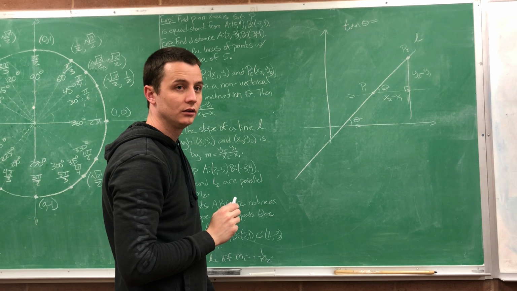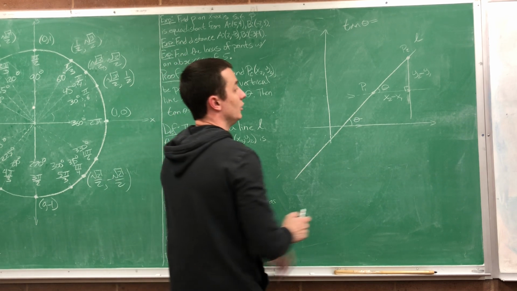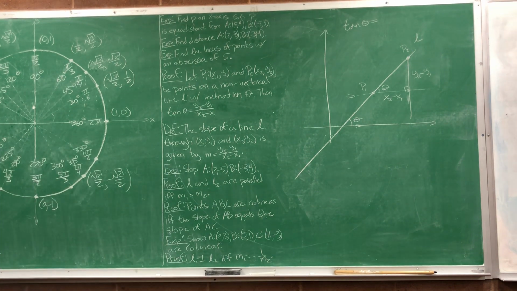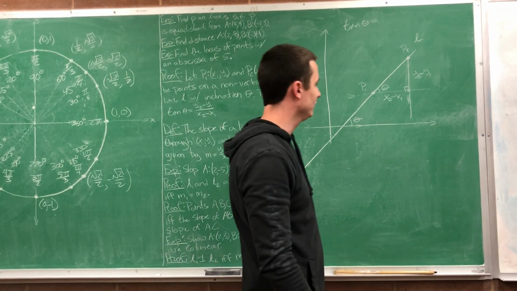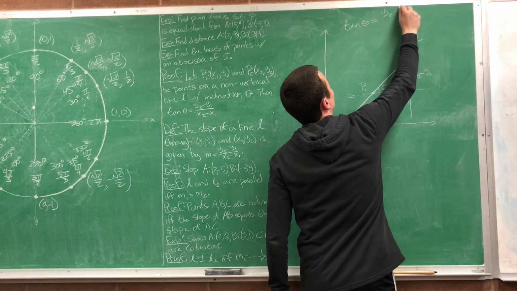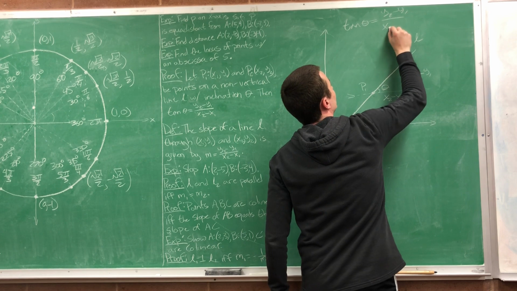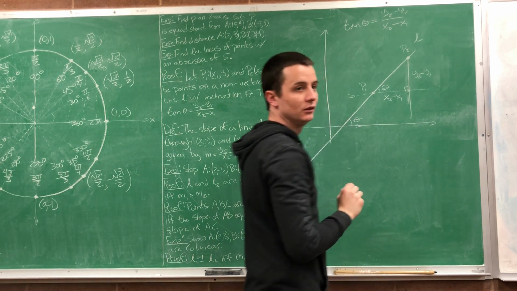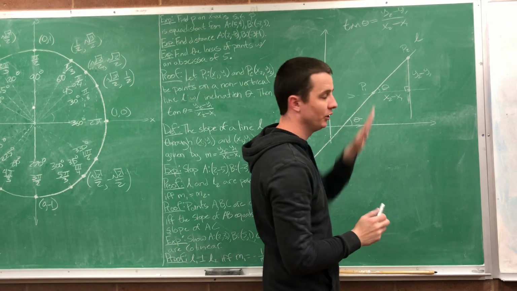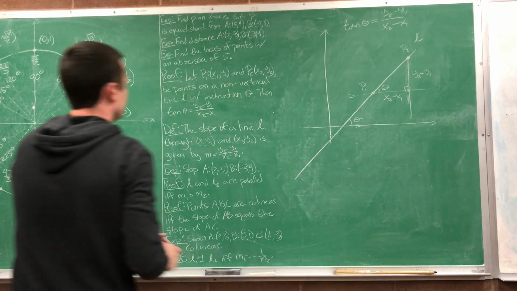Is it x over y or y over x? Y over x. That's our definition for tangent over here, that I erased. Sorry about that. No wonder you didn't see it. So it gives us y over x. So then tangent of theta is equal to y2 minus y1 over x2 minus x1. So tangent of theta is always equal to that for a line going through any 2 points with those coordinates. Cool.